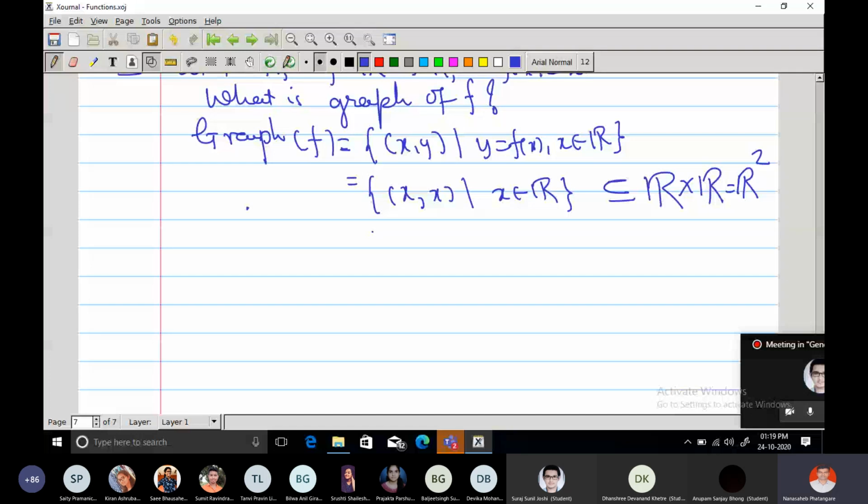And now you can sketch the graph. What are the points for which both components are equal?